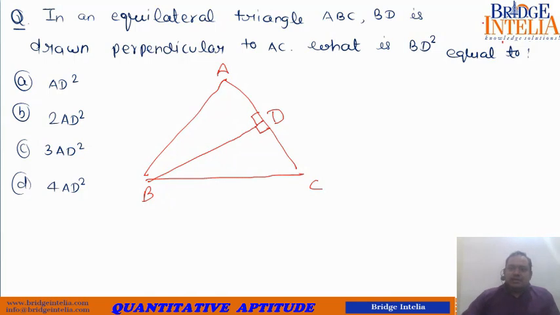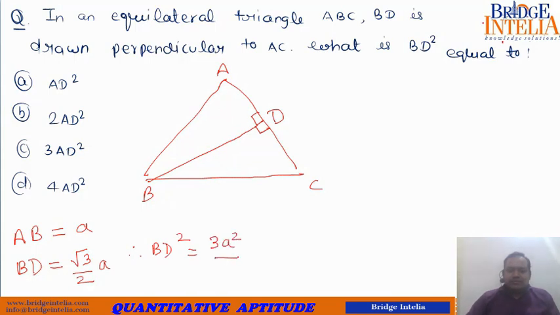This can be done easily if you assume each side to be equal to A. If AB is equal to A, BD is equal to root 3 by 2 A, because it is the altitude of the equilateral triangle. Therefore BD square will be equal to 3A square by 4. Now which of these options satisfy?